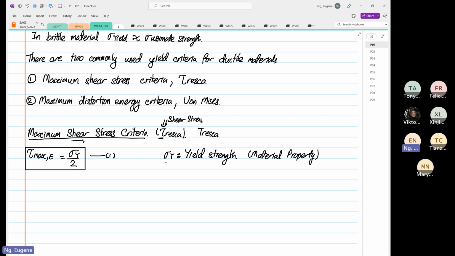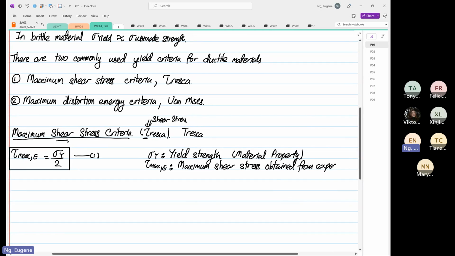And then you will see tau max E, which we define as the maximum shear stress obtained from experiment. So basically it's a material property.